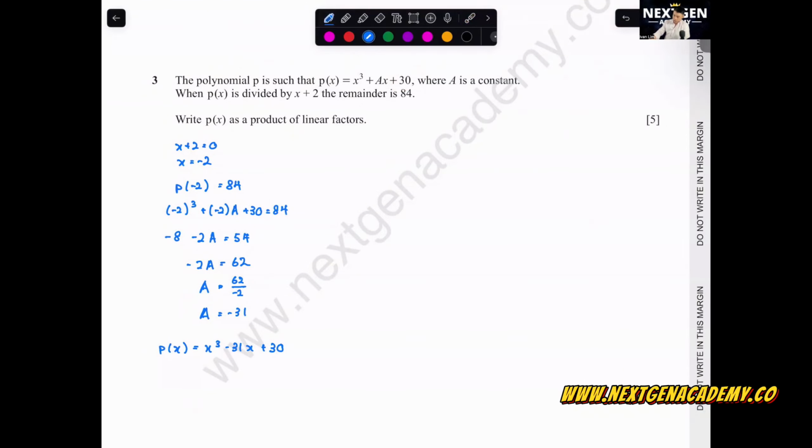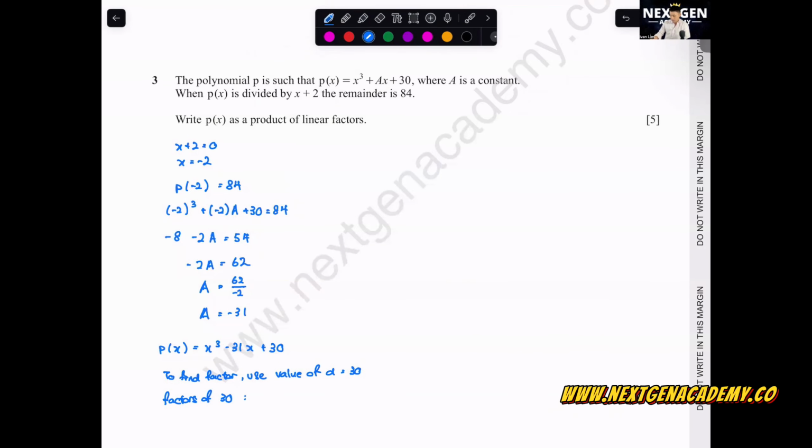To find the factor, use the value of d. Our d value here is 30. So what are the factors of 30? You just list it down, but I don't think it will be very hard for you to find. Again, they won't make it into a fraction. They will normally give you a whole number.